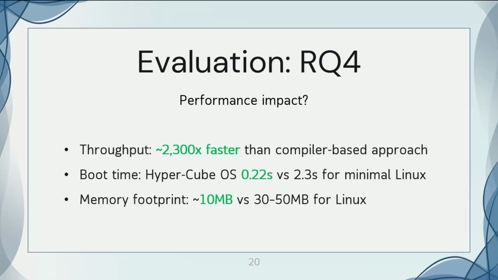It also has a very fast reboot after crashes, with only 0.22 seconds versus 2.3 seconds for a minimal Linux system to boot up. And the memory footprint is also significantly lower than for a Linux system. These design choices all directly contribute to the efficiency of the fuzzer.